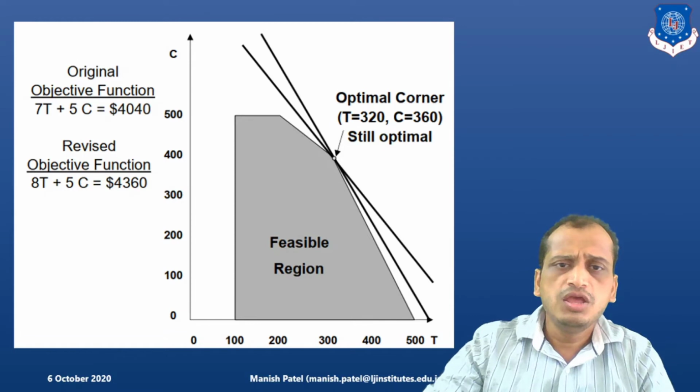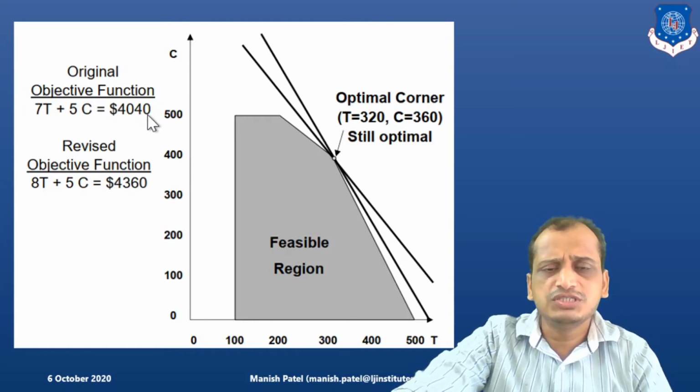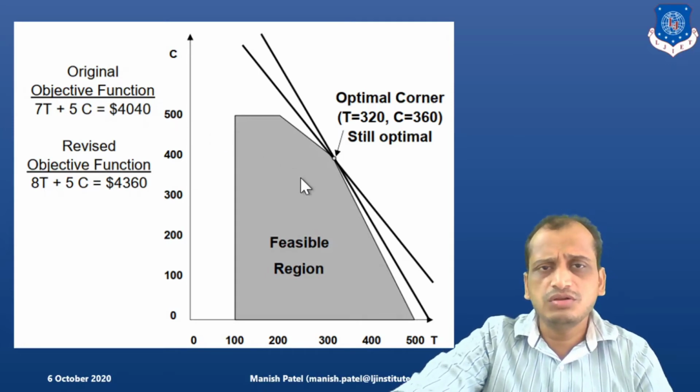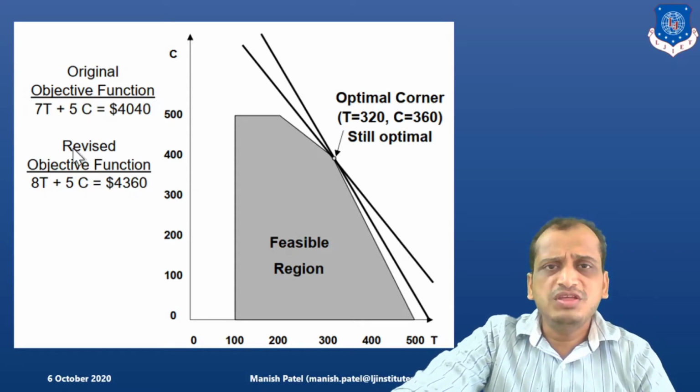Now if you see the original function, which is 7T plus 5C, it is 4040, which is our original objective function derived from the solution. We got the solution and then plotted this onto the graph. Same with the revised 8T plus 5C, which is 4,360.